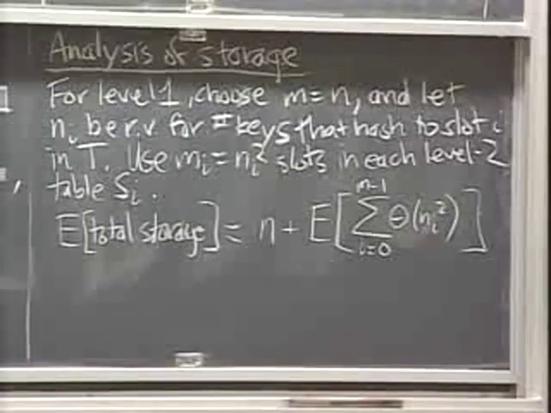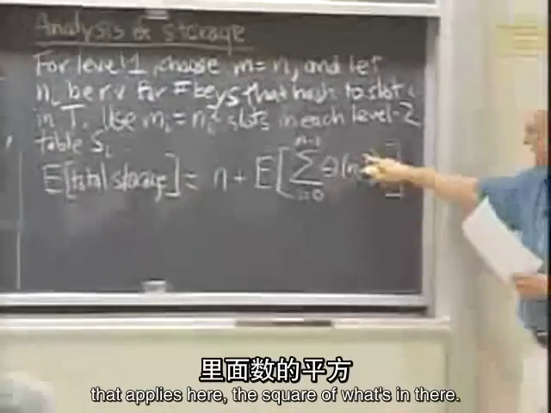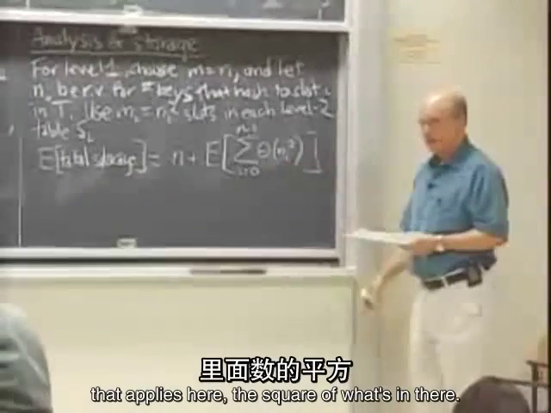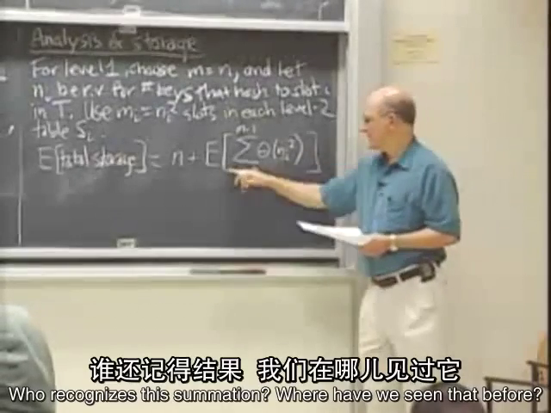Okay? Because I basically have to add up the square for every element that applies here, the square of what's in there. Who recognizes this summation?